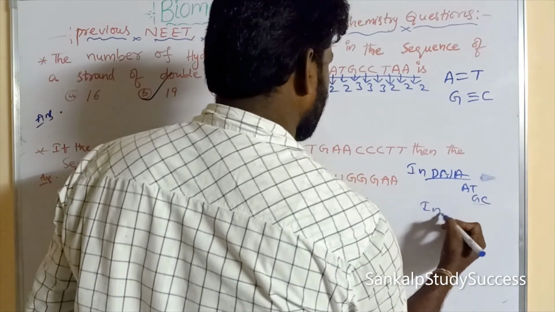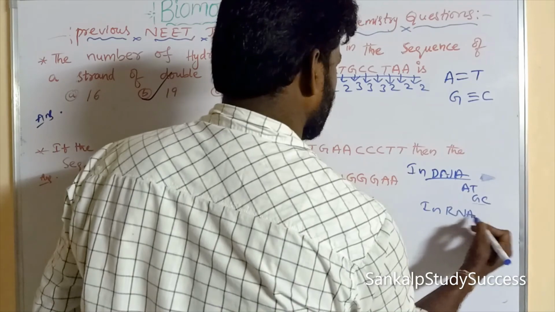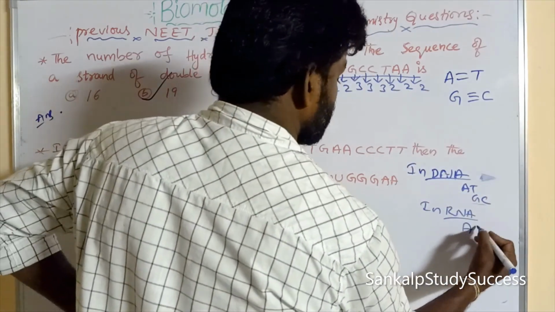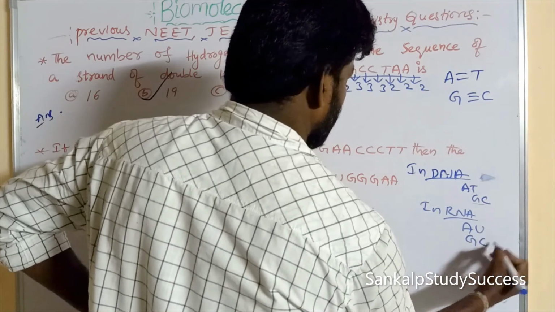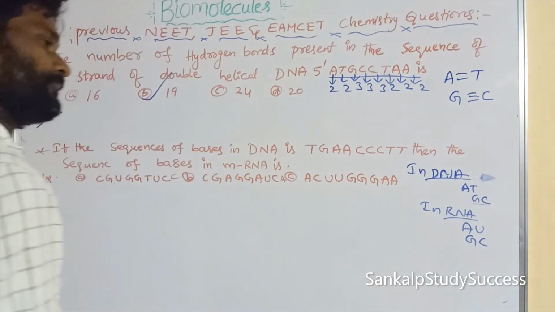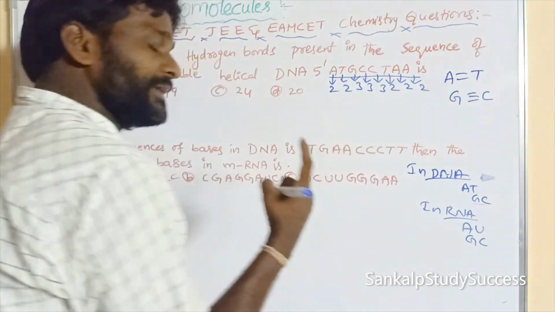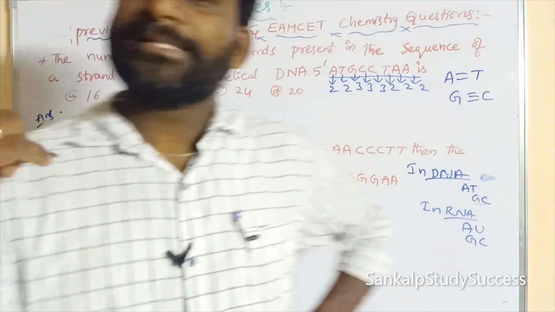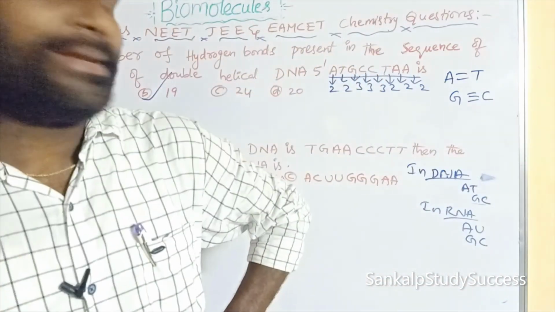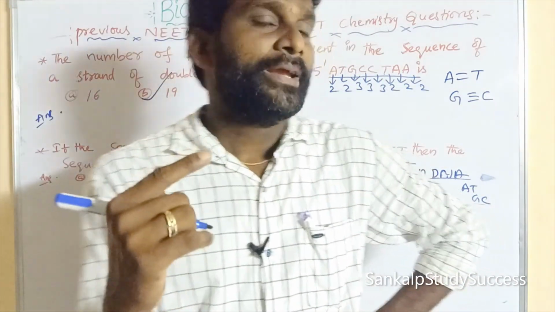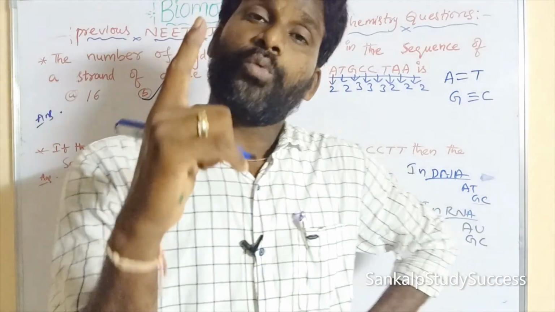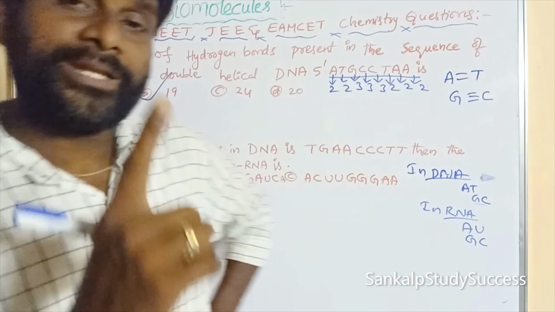In RNA like mRNA, it is AUGC, Andhra University Government College. In DNA, 4 bases are there: adenine, thymine, guanine, cytosine. In RNA also there are 4 bases: adenine, guanine, cytosine, uracil.